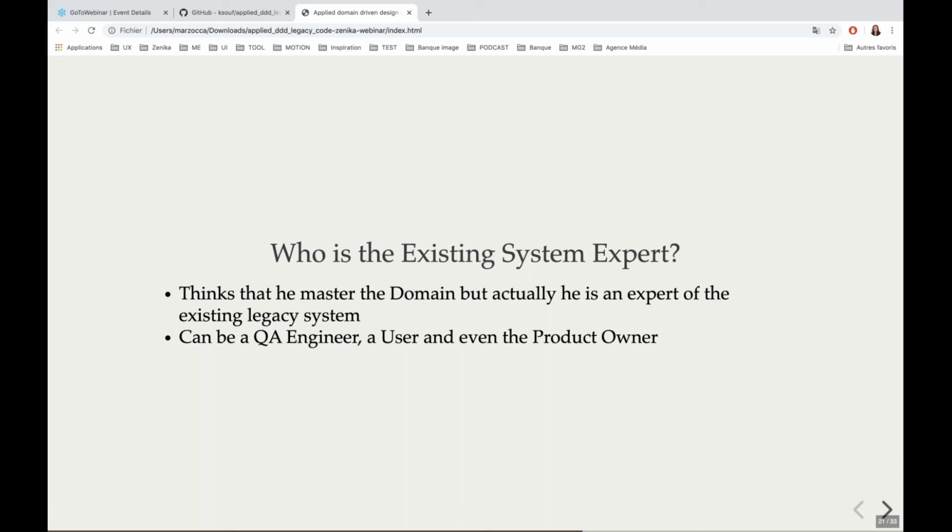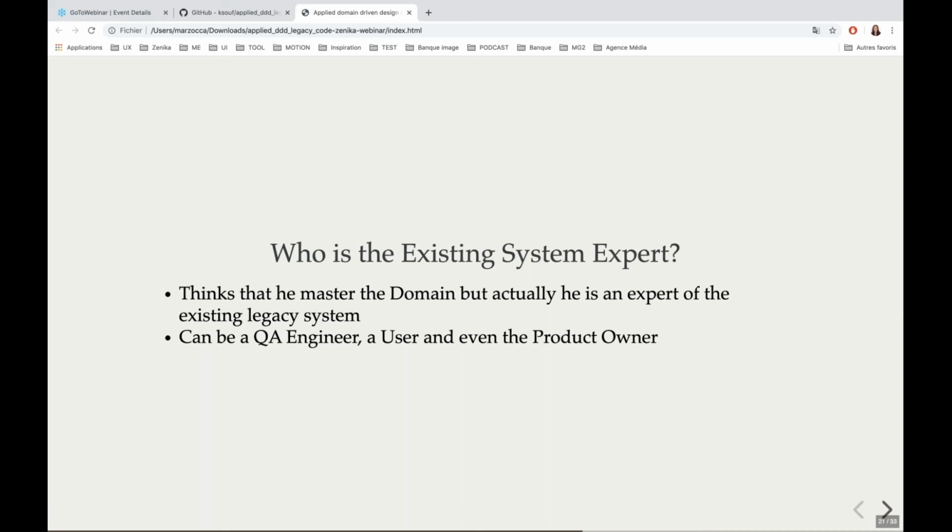So he knows exactly the system, but in most cases, he can't take a step back and criticize that system. Also, he can sometimes be a product owner, maybe a business expert, or maybe a QA engineer. So these are the kinds of profiles that you need to think of as existing system expert.